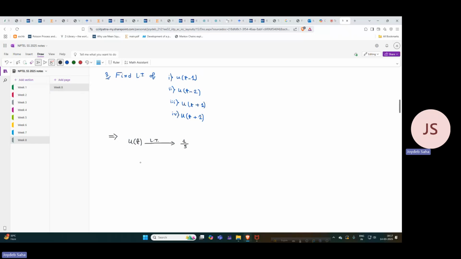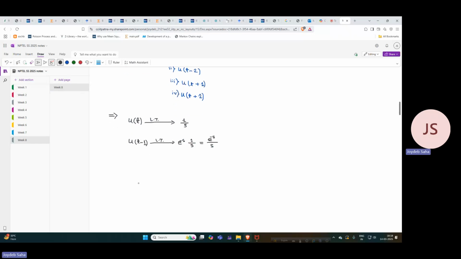So using the time shifting property, can we write the Laplace transform of u of t minus 1 as e to the power minus s multiplied with 1 upon s, which is equal to e to the power minus s upon s, right?